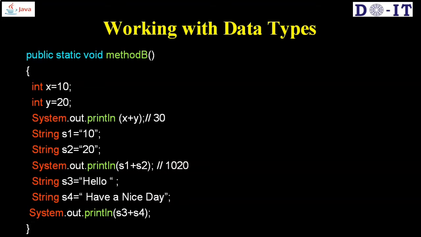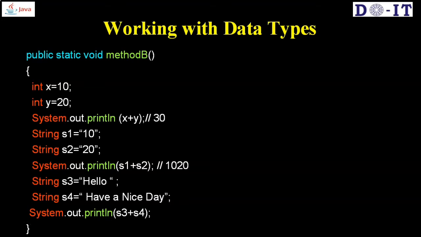But now the same values 10 and 20, when assigned to a string, the plus operator, instead of adding these 2 numbers, performs a concatenation. The metadata available for the data type string tells our runtime how to treat these 2 values 10 and 20, and instead of adding them, it gives me a concatenation operation.